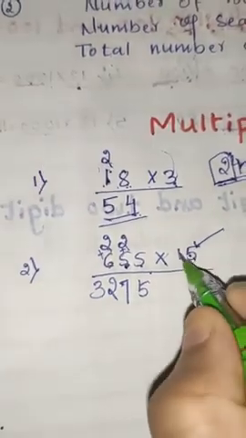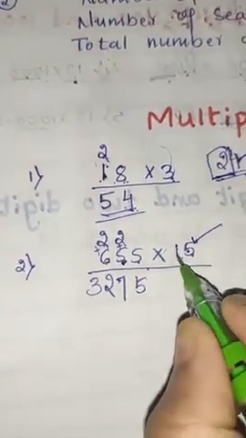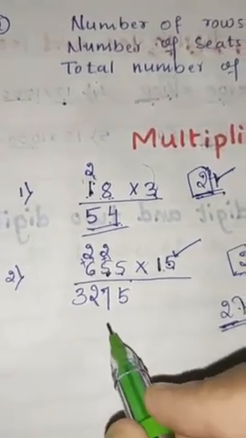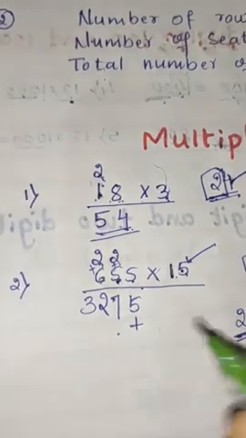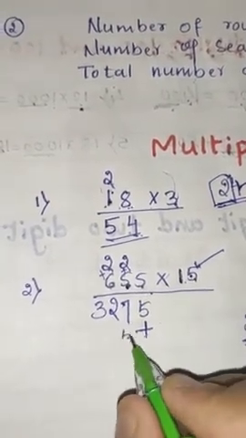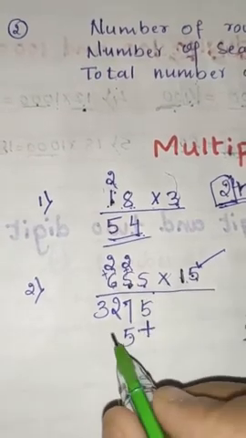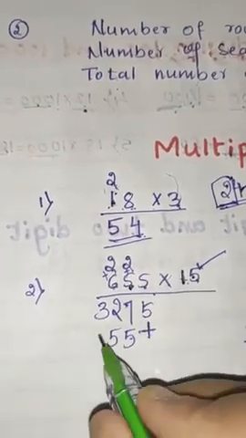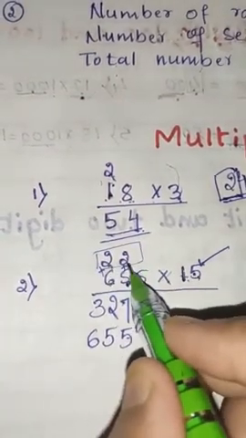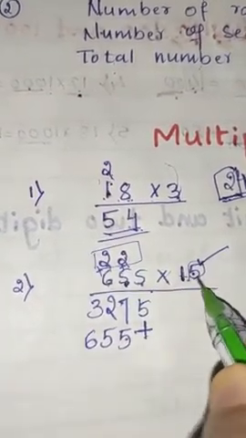Now come to the second number, which is there in the 10th place. So we have to start writing the numbers from the 10th place. So here we have to put plus, right? Next 1 5 is 5. 1 5 is 5. 1 6 is 6. See this, whatever carries are there here, it is of the first digit.